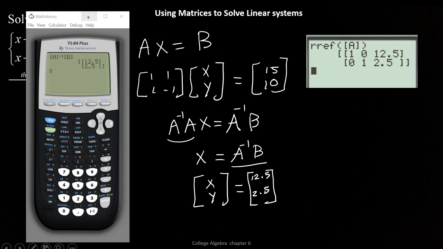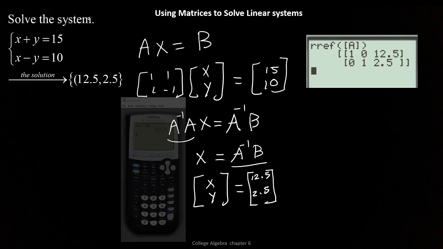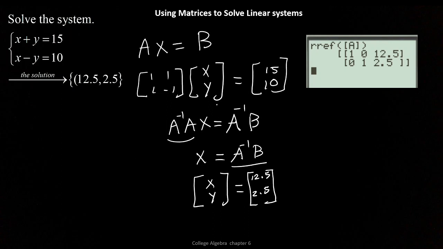Now, of course, not all matrices have inverses. So what happens if the inverse doesn't exist? It would mean that the system doesn't have a unique solution. But it doesn't tell you whether it has many or no solutions.